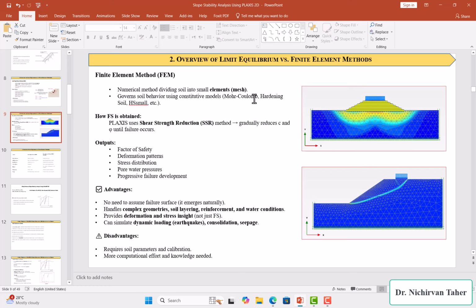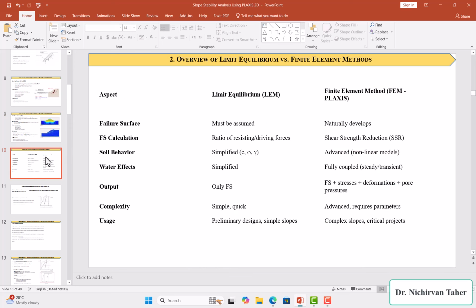And these models need specific soil parameters. Maybe sometimes we don't have these soil parameters in hand, so we need to estimate them, and if we don't estimate them correctly, maybe we get incorrect results from the software. Also, it needs more computational effort, and knowledge is also needed.